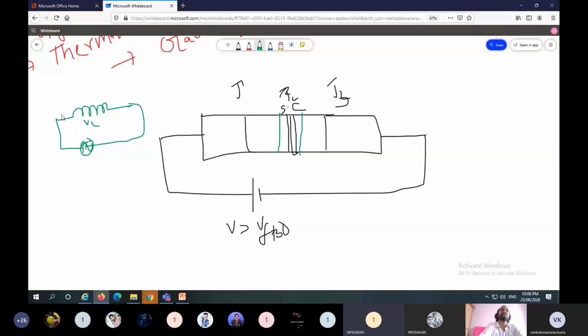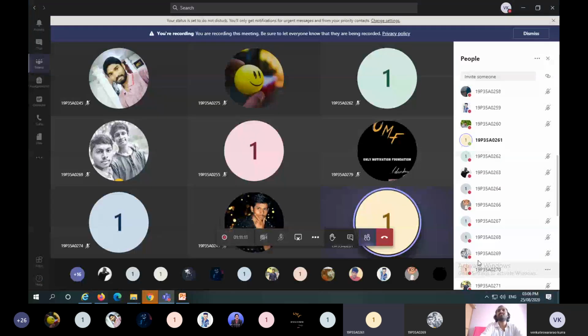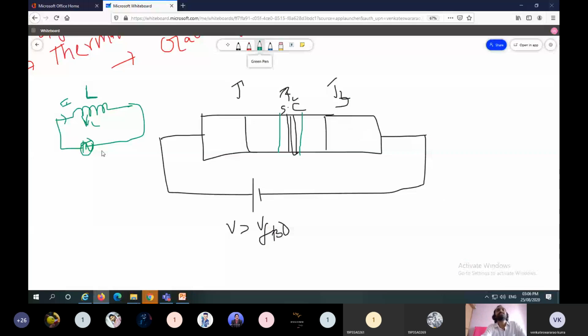The current flowing through the inductor is i, and the inductance value is L. So what is the formula for voltage across the inductor? VL equal to L into di by dt.